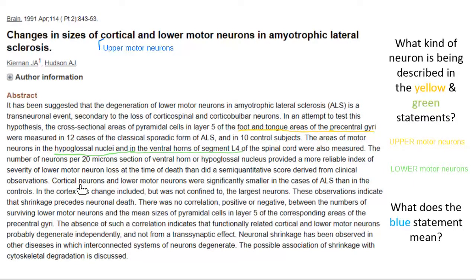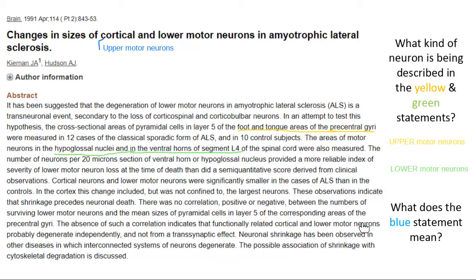So upper motor neurons and lower motor neurons were significantly smaller in the cases of ALS. What they found in this study is that both kinds of neurons, the ones in the brain where I decided to do muscle contraction, and the ones in the spinal cord or the brainstem that made the contraction happen, both of those had shrunk.